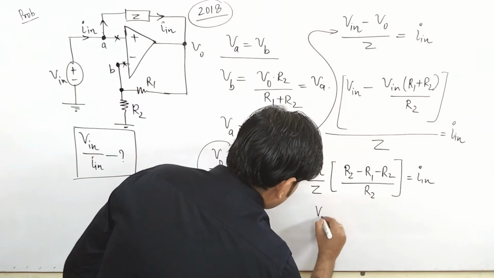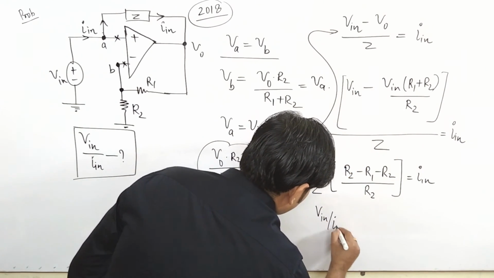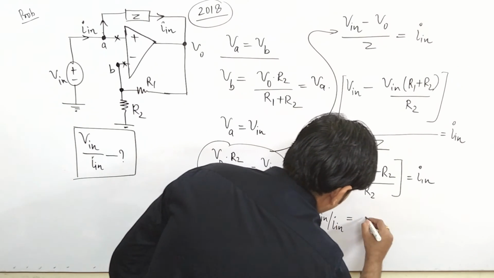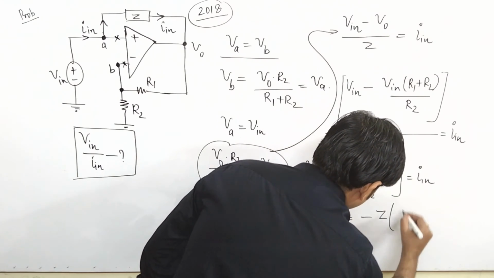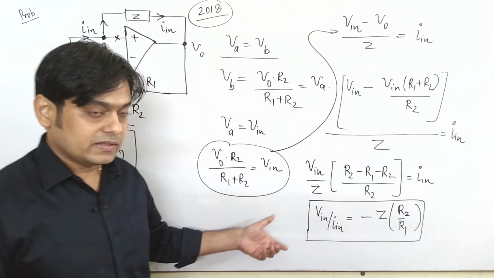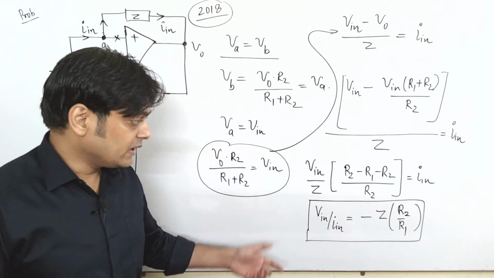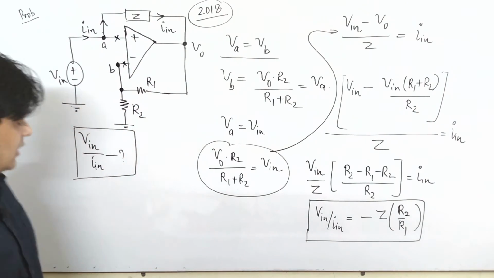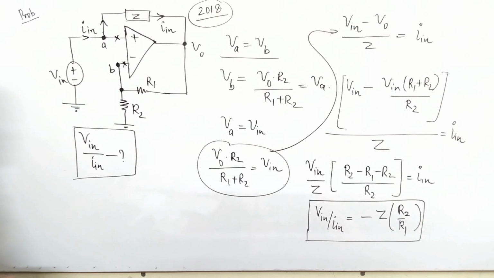Or you can say V in upon I in is equal to minus of Z into, so this is your answer, that is V in by I in is equal to minus of Z R2 by R1. This is your answer. Okay, this question was asked in GATE 2018, so you have just tried to understand how we solve it. Okay.